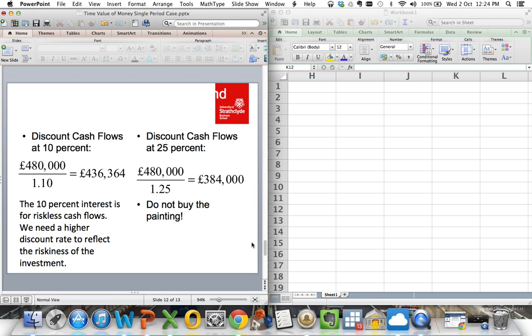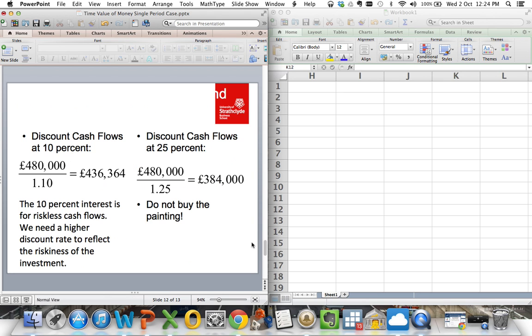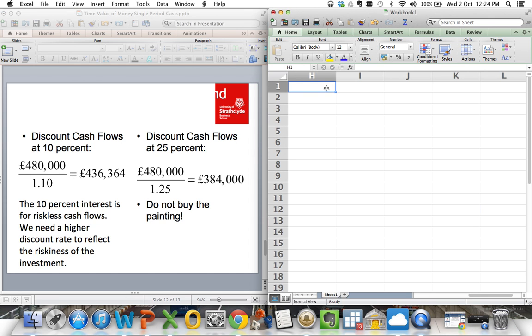Okay, so if you're uncertain, you need to make a decision on what that discount rate should be. Well, you know that if it was certain, that is, if you put it into a bank, the interest rate would be 10%. So if you wanted to discount the cash flows as being certain, you've got C1 equal to 480, at a certain interest rate of 10%.